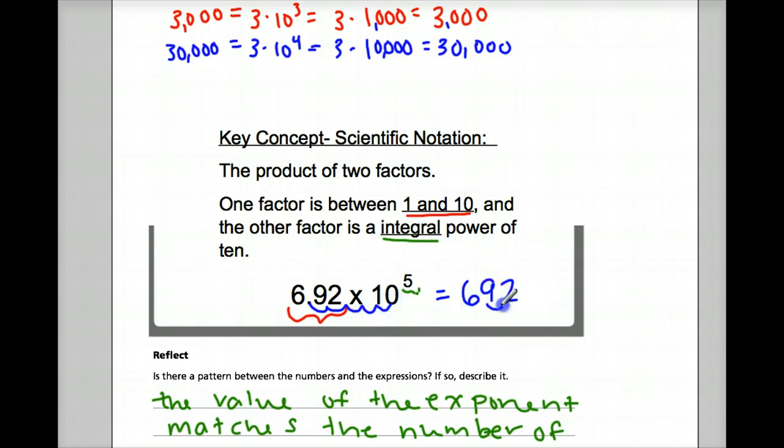If we did it here, 1, 2, 3, 4, 5, we're going to move it 5 spaces over. Now in these 3 blank spots, we're going to just add in zeros. So 6.92 times 10 to the 5th power actually gives us 692,000. So we're going to be doing that today. Let's flip our page.